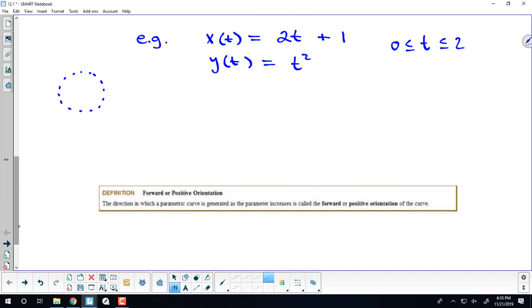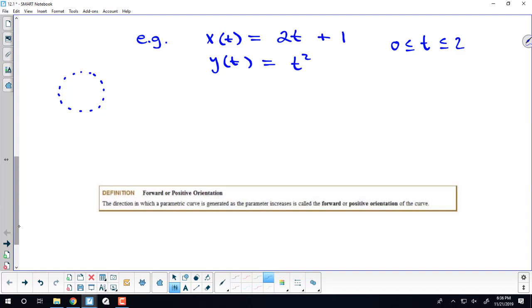So the terminology associated with how the parametric curve unfolds is they call it the positive orientation. So the direction in which the curve is generated as the parameter, usually t, increases, is called the forward or the positive orientation. And depending on the situation, like with the circle, you might have the positive orientation meaning the circle as we plot it unfolds in a clockwise motion or a counterclockwise motion.